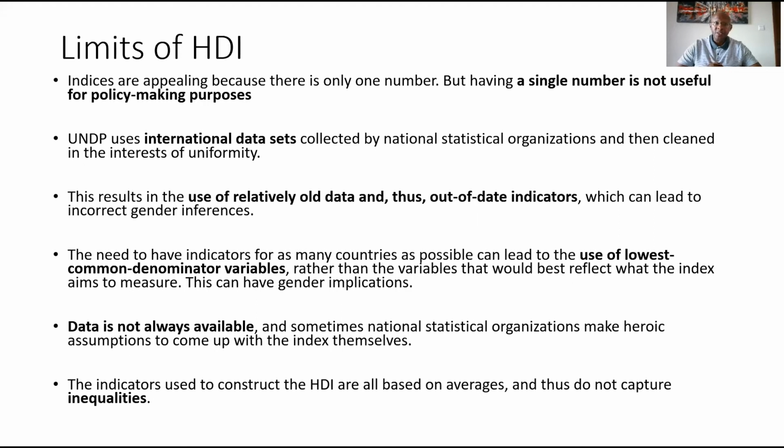The use of relatively old data and thus out-of-date indicators is also an issue. And there is also a need to have indicators for as many countries as possible, and this can lead to the use of the lowest common denominator variables rather than variables that would best reflect what the index aims to do.